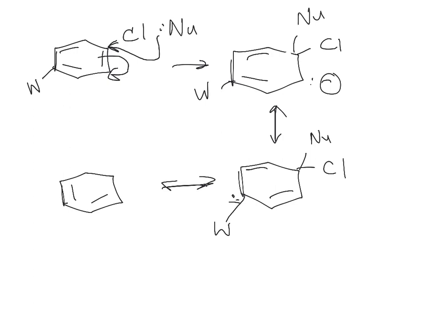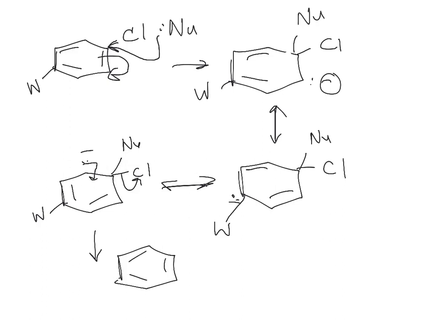So they are right here, ortho to your group on the other side. Then what happens in the last step is that these electrons go to reform the aromatic ring and the halogen leaves as a leaving group. So you end up with a nucleophile substituted exactly where the halogen was.